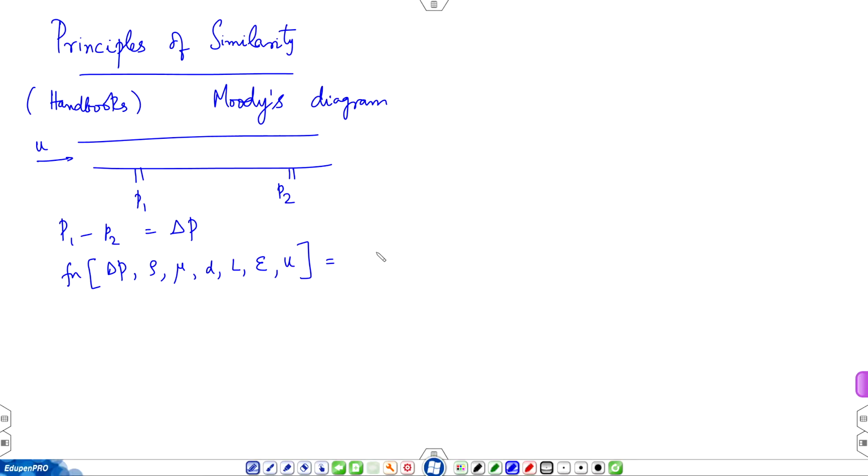So, this whole thing can be written equal to constant or 0, but let us say 0, assuming a dimensionless constant is absorbed on the left hand side. There could be other factors also, such as temperature, but let us assume that temperature is accounted for through the fluid properties.